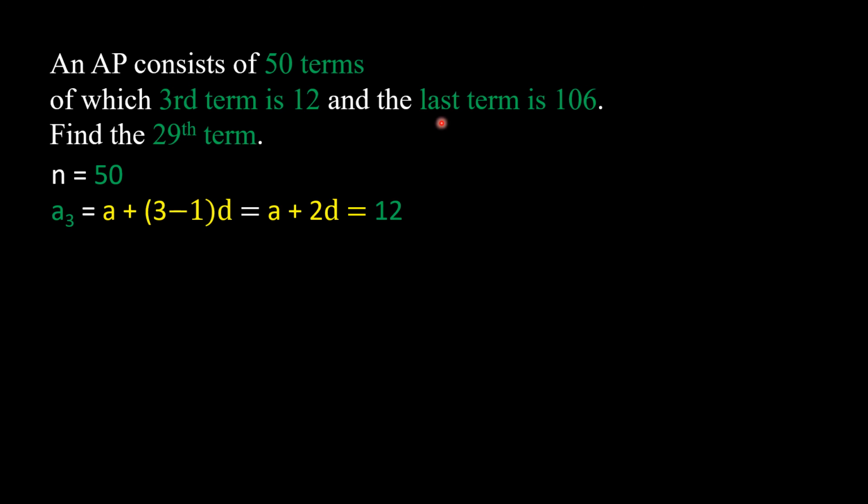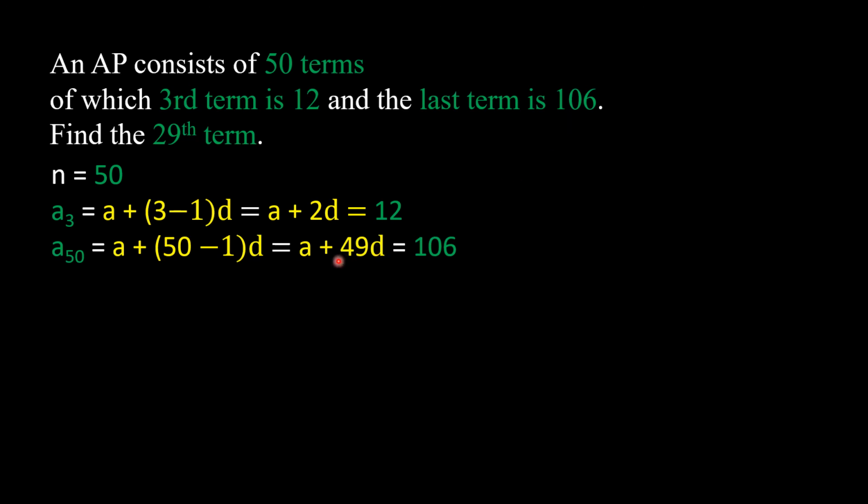So we have A plus 2D equals 12. Now next, the last term is 106. So we write A50 because the total number of terms is 50. The last term will be A50, which will be A plus 50 minus 1 into D, which will be A plus 49D, and it is given to be 106.